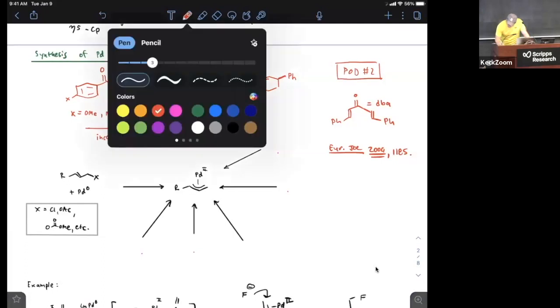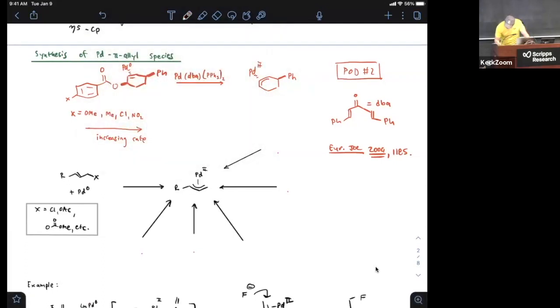We talked already about one of the most common, which is the allylic leaving group plus low-valent metal, and this can actually be of two flavors here. So you can also have the leaving group at this position, and which you use can depend on synthetic accessibility, but they do have different reactivity profiles depending on the metal, depending on the ligand, et cetera.